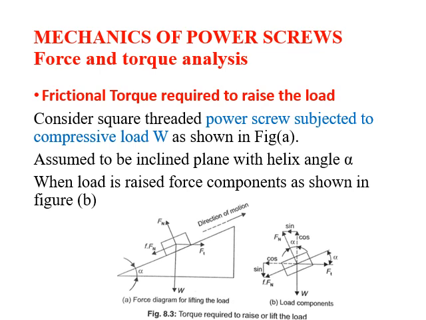When the load is raised, the force components are as shown in the figure. You can see here normal forces, tangential forces, frictional forces, and W, which are acting in different directions. You can see friction is opposite to the direction of motion of the thread, and you have all the other load components as shown.